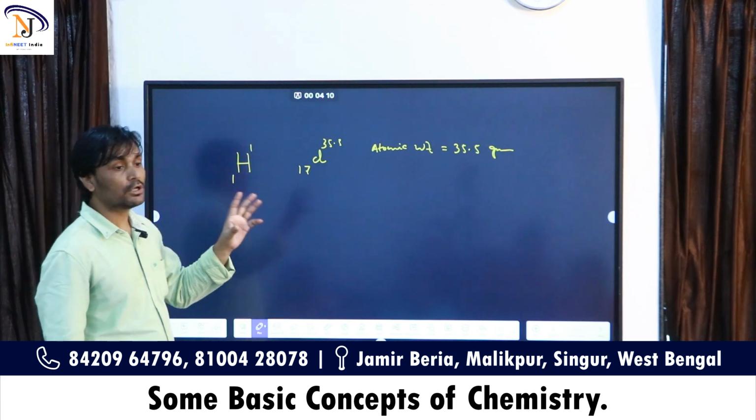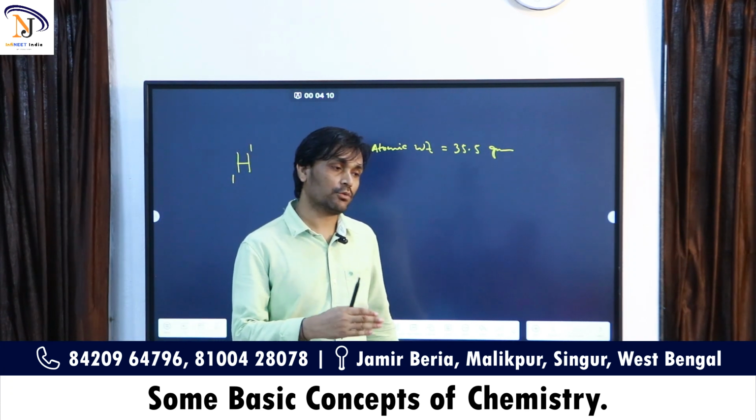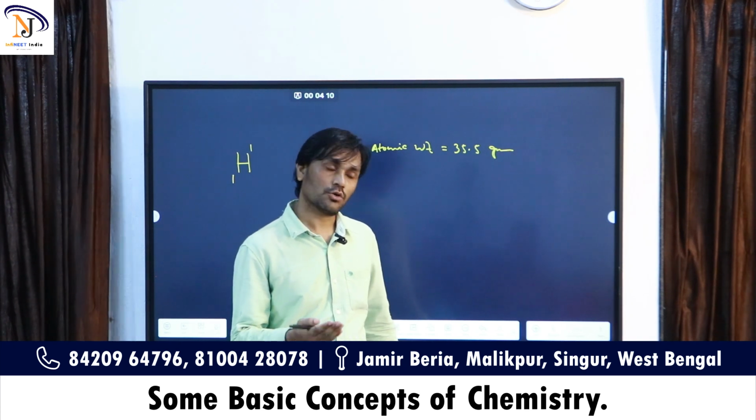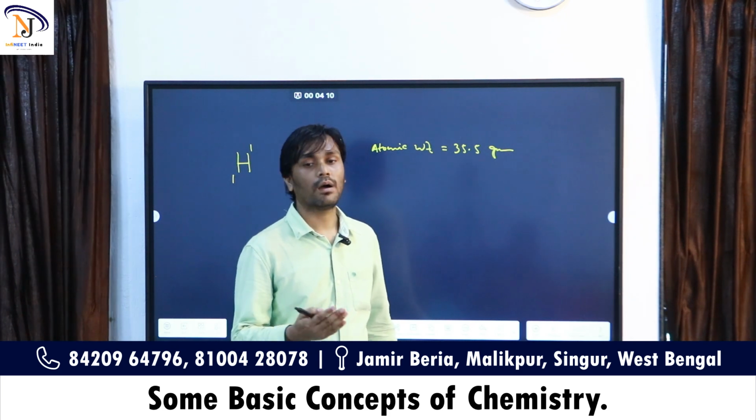Now comes molecular mass, molecular weight. Atomic mass or atomic weight is related to the atom. So the same way, molecular weight or molecular mass is related to the molecule.